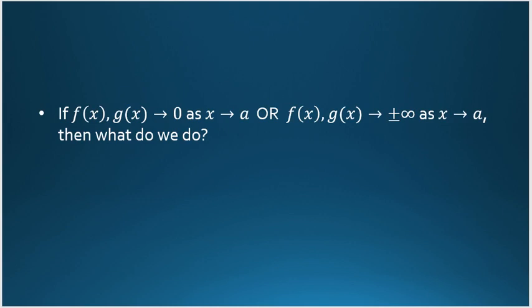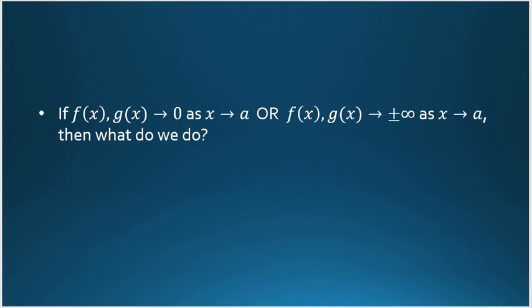Now sometimes we find that in that limit, both the functions in the numerator and the denominator, both f and g, both go to 0 at the same time as x goes to a, or sometimes they both go to negative or positive infinity at the same time on their own as x goes to a.